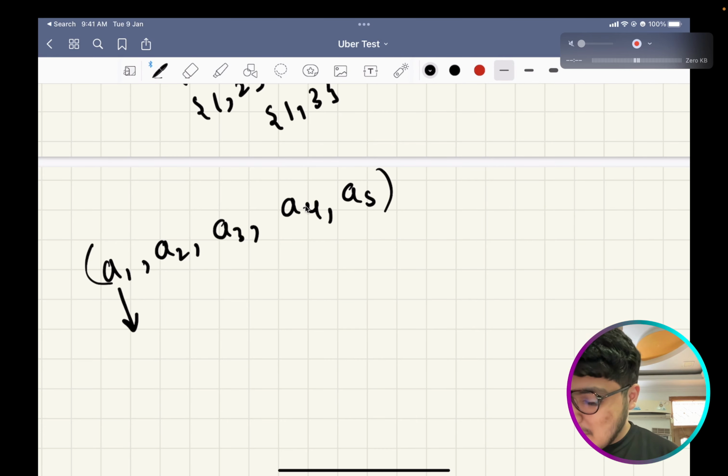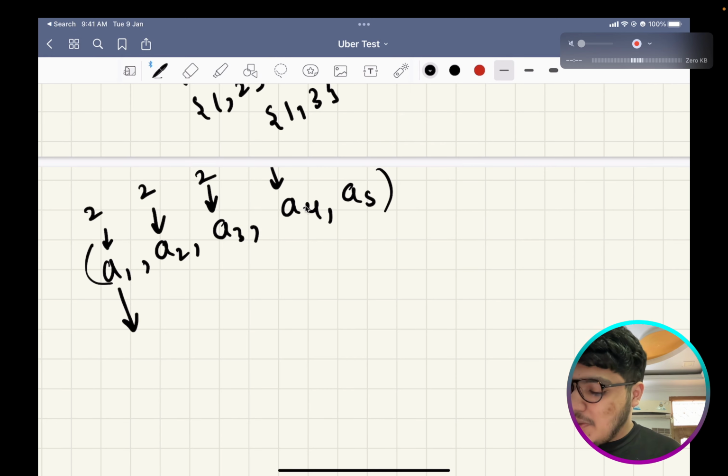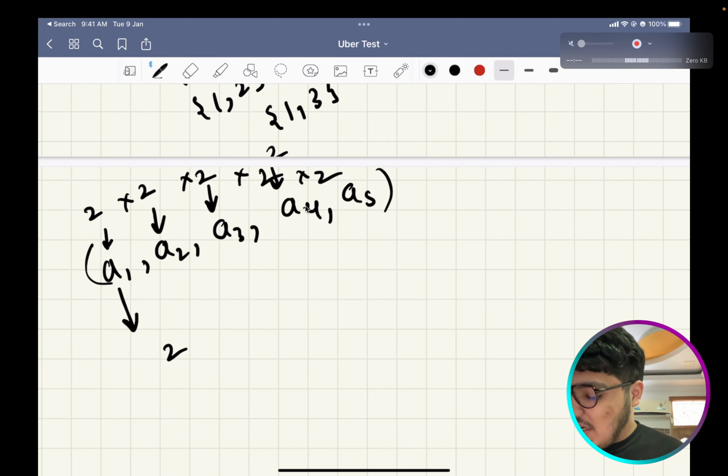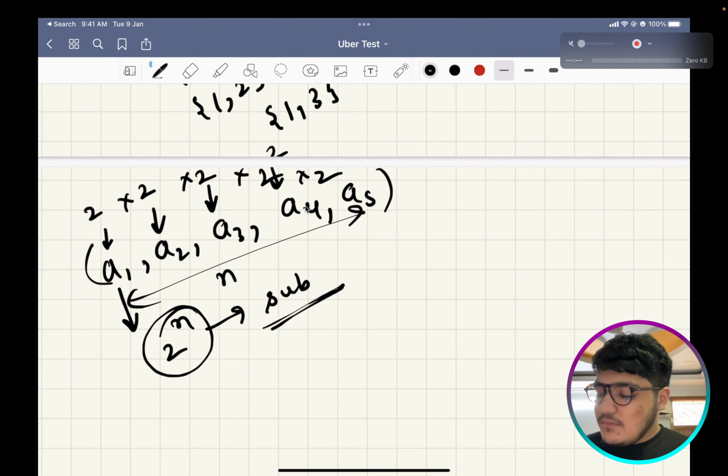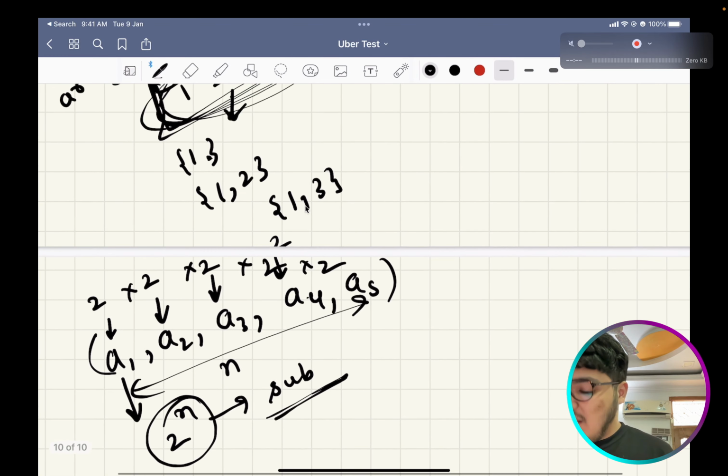In a particular subset, a1 could be chosen or not, similarly a2 could be chosen or not, similarly a3 could be chosen or not. For every element there are two possibilities, and we take the product. So in general, if your size is n, then 2 to the power n is the possible number of subsets for a given array.